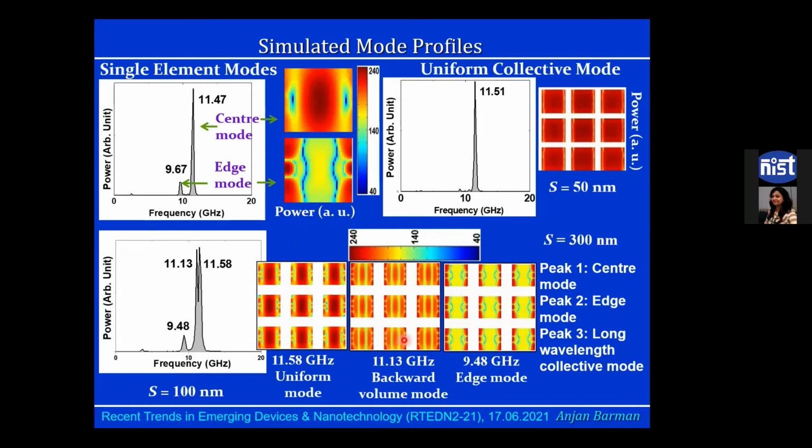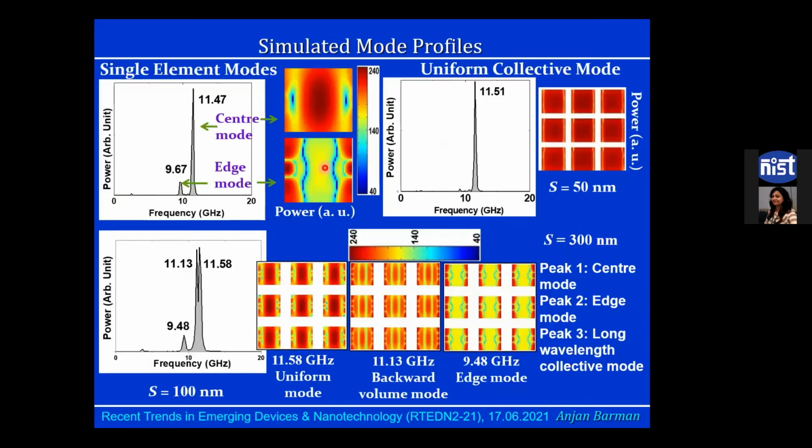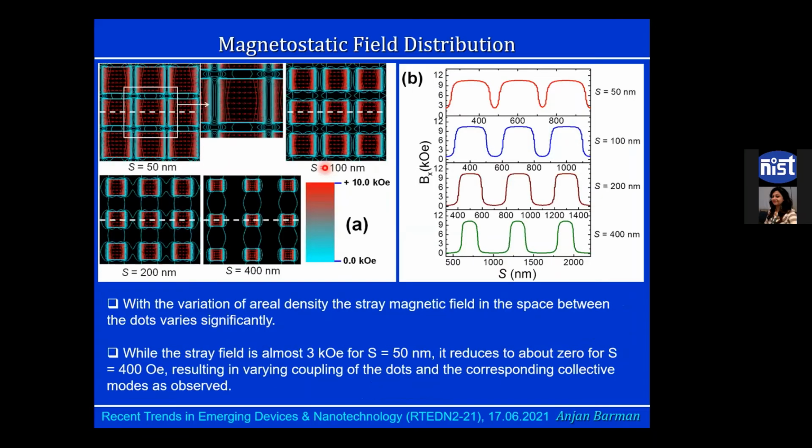Okay. So this is a weakly collective mode. And when we go to 400 nanometer, we see only these 2 modes. So these are completely isolated. They are in no way interacting with each other. So this is what we are going through: from a strongly collective regime through a weakly collective regime to a completely isolated regime.